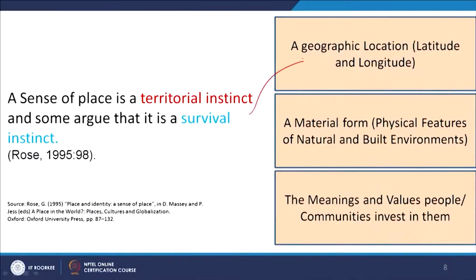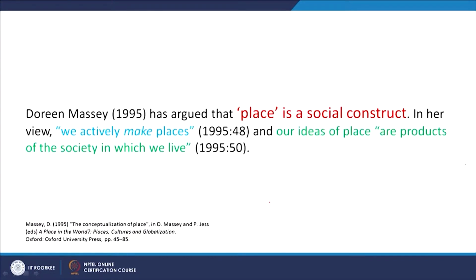It is also a kind of survival instinct, normally referred to with a geographical location, and it reflects through its material form, the physical features, whether hill architecture, coastal architecture, natural settings or built environments. More importantly, place is associated with the meanings and values that people or communities invest in them. So this is where identity comes in.